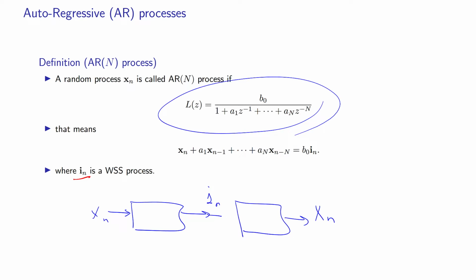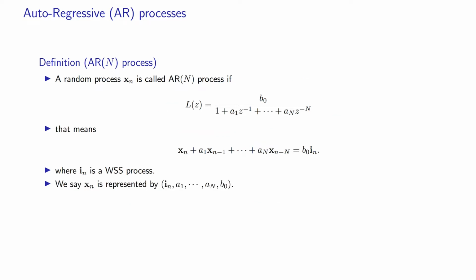Here this is just a moving average filter, and this is the AR filter. So if you get I of n into this L of Z, and here you put 1 over L of Z. So X of n therefore is represented by this signal, and if you have X of n you can calculate I of n, because you can calculate the autocorrelation function.